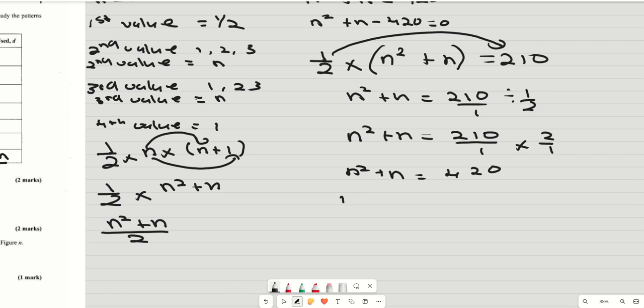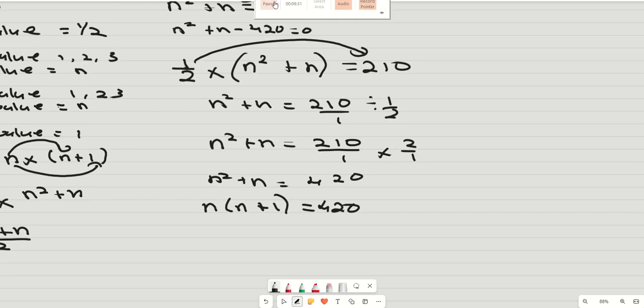Then I factorize. This is n open bracket n plus 1 is equal to 420. Let's erase this. And you make this, so it's going to be n squared plus n minus 420 is equal to 0. There are several different ways to solve a quadratic equation.